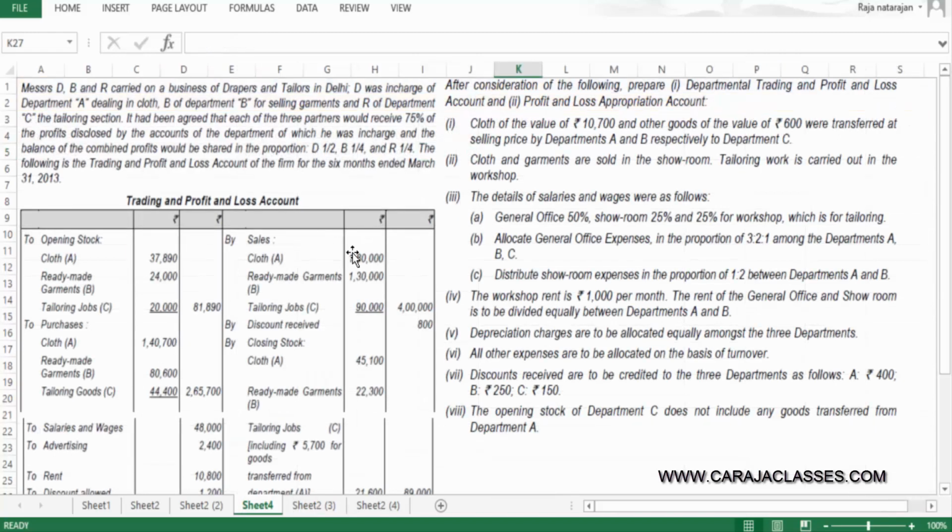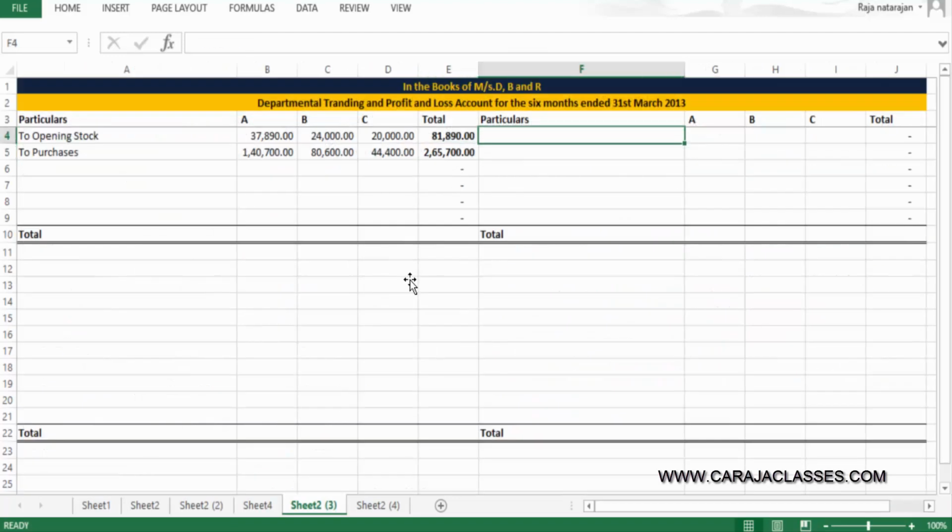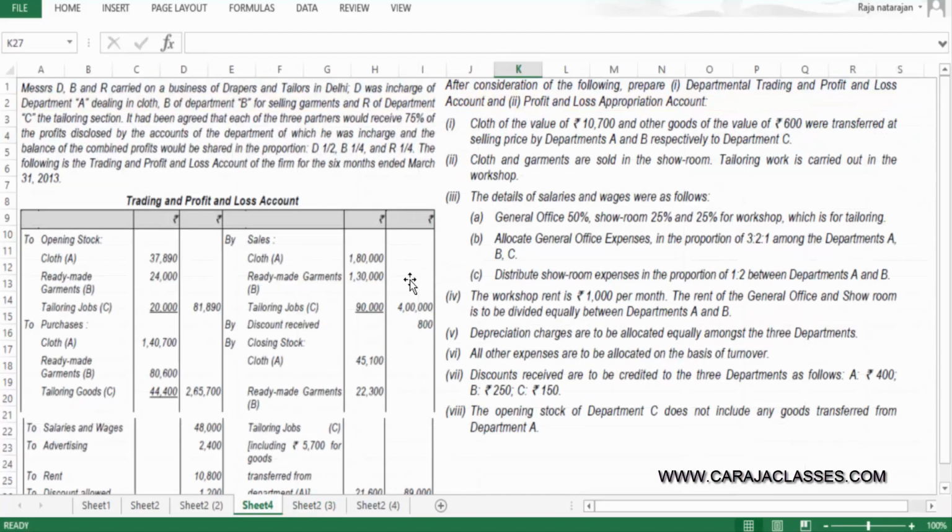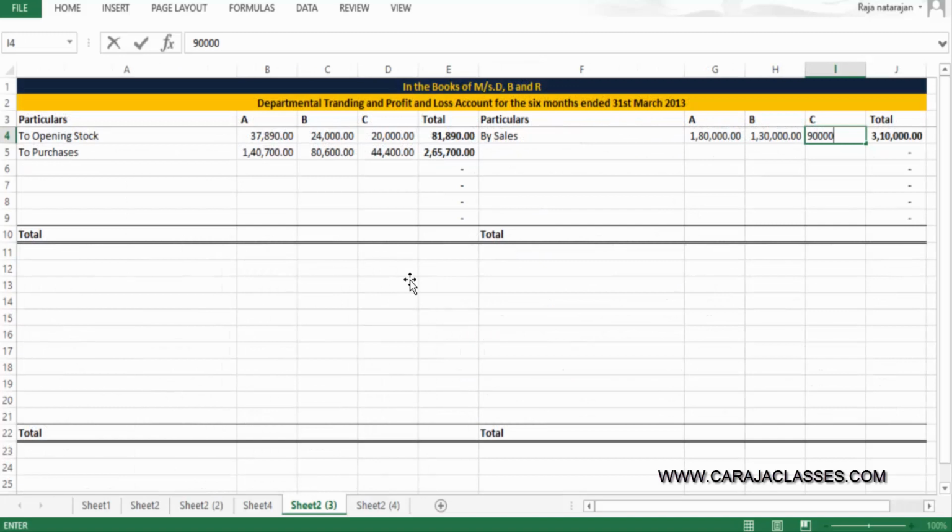Then we have sales here. Let's capture the sales: 180,000 for A and 130,000 for B and 90,000 for C. Okay, so we have captured that.